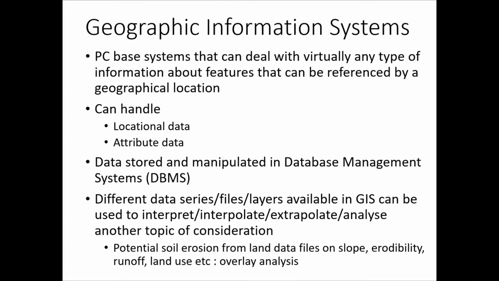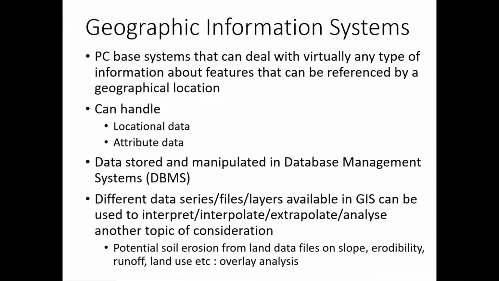Then moving on to GIS, or Geographic Information System. What is GIS? As the name suggests, it's a set of information, which can be any data, that has a particular geographic location associated with it.